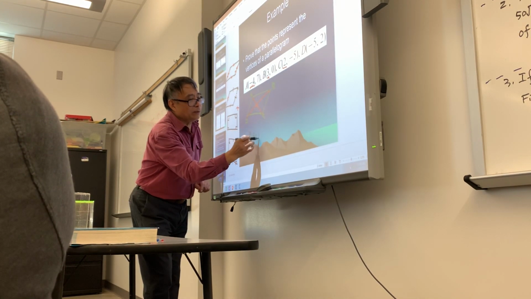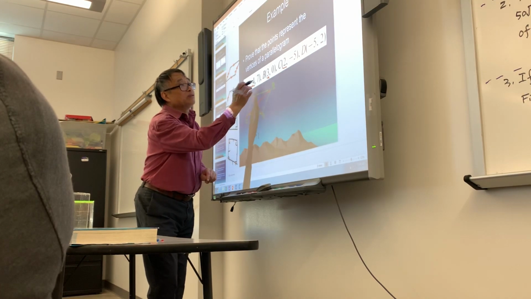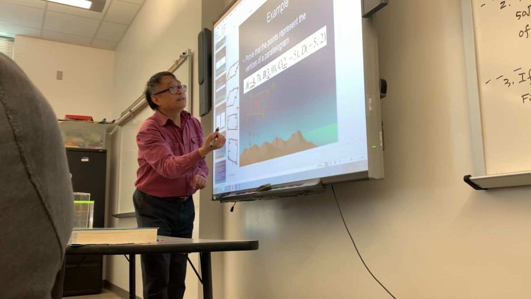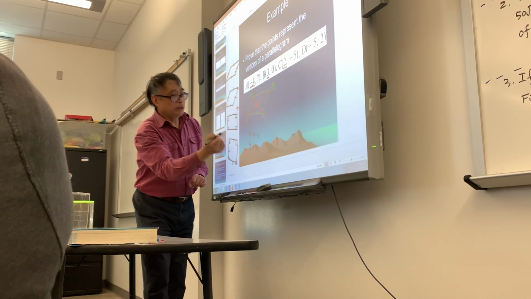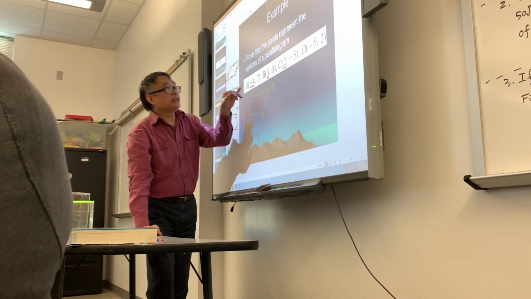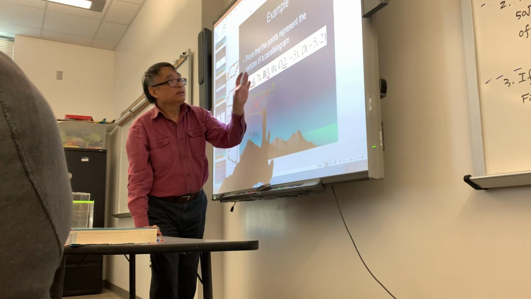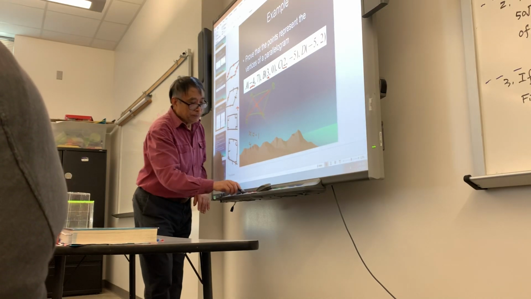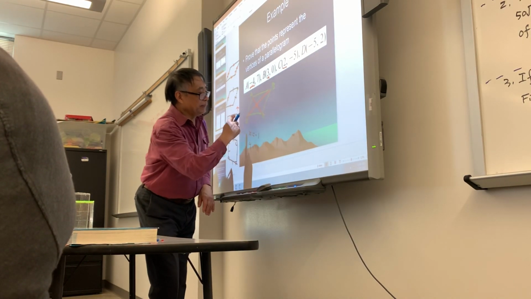So x is -1. For y, 7 plus -5 is positive 2, over 2 is 1. You get -1, positive 1. Now we find BD.